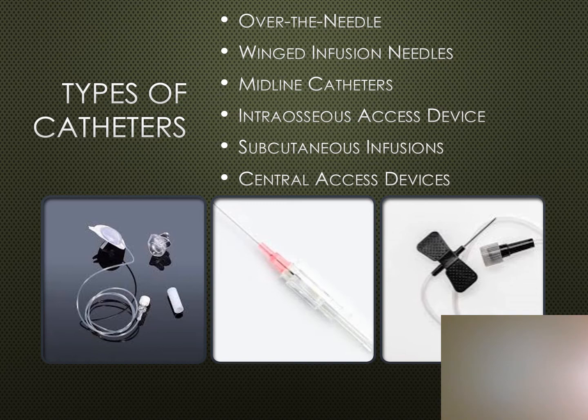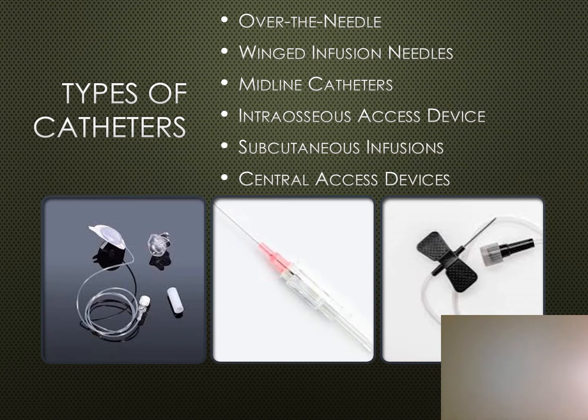It's most appropriate in clients that require more than 6 days of therapy, and it's often preferred for these clients that go home and require extended IV therapy because of the ease of access and for the cosmetic appearance. Then we have non-tunneled catheters that go through the subclavian or internal jugular vein, and they're advanced to the vena cava. They're usually indicated in clients that require short-term vesicant therapy or hemodynamic monitoring, such as a central venous pressure.